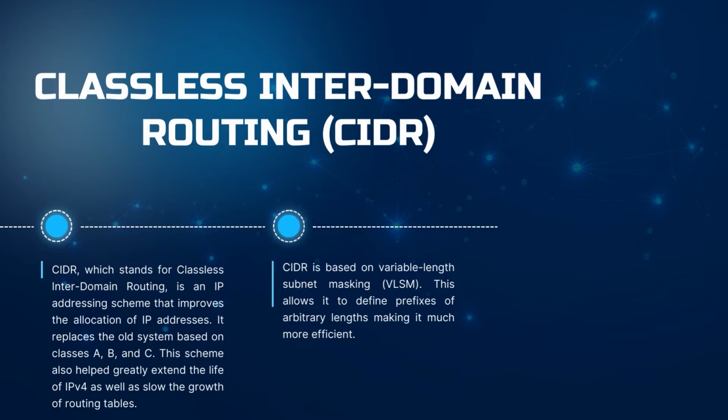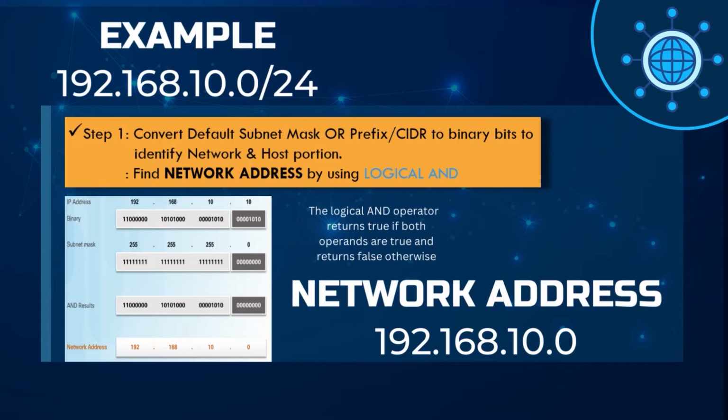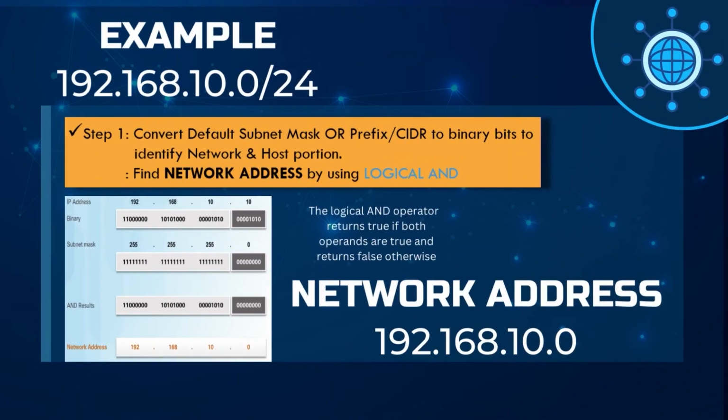This allows it to define prefixes of arbitrary length, making it much more efficient. Now, let's take a look at one example to answer your initial question. For this example, I will implement one particular method, though there are many other solution methods.